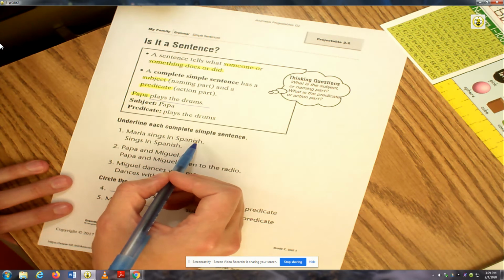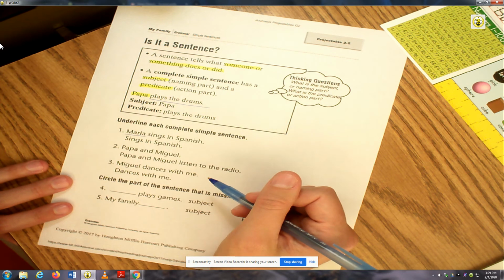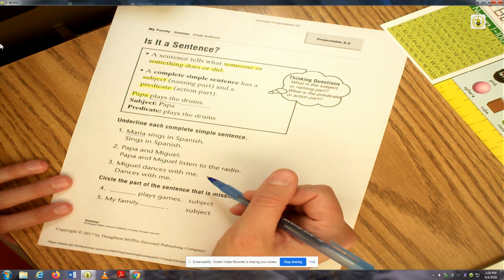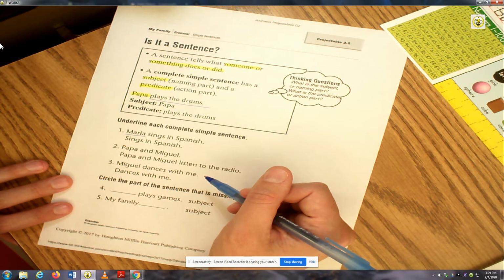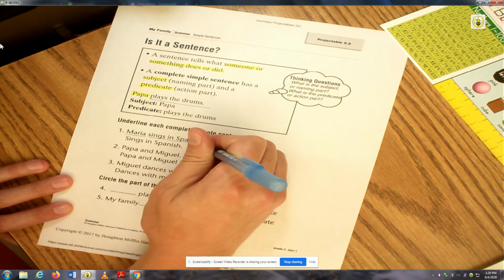Tell me. That's right. Maria is the subject of that sentence. And the predicate tells us what Maria does. Go ahead and tell me out loud, what does Maria do? That's right. She sings in Spanish.